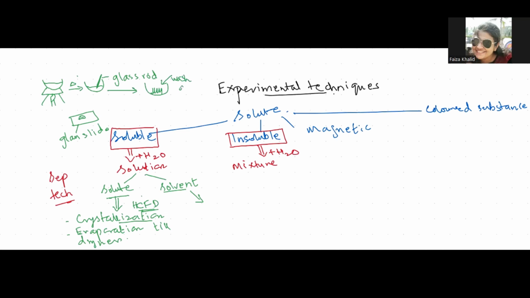If you wash it with distilled water, it will dissolve back. So you add alcohol to it, wash it, and then filter out the crystals. Then you dry them between the layers of filter paper. You got it? What is crystallization?